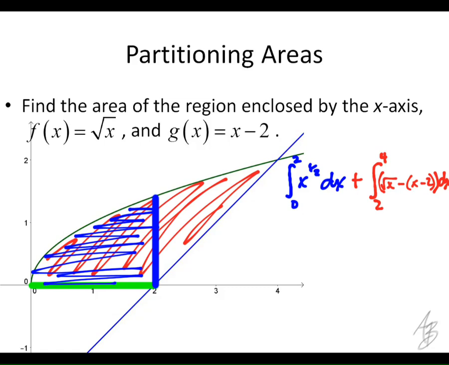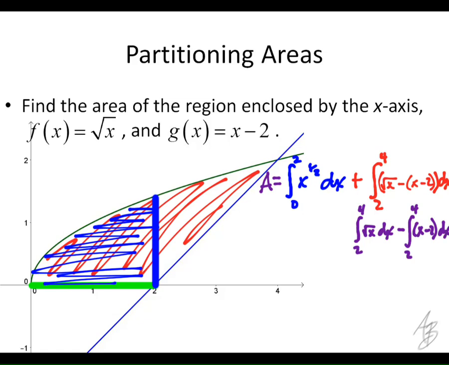And I'm going to point out a trick to you later, but you guys remember the sum and the difference rules for integrals? It basically says that we can split an integral up into different parts. So this integral right here, we could write as the integral from 2 to 4 of the square root of x minus the integral from 2 to 4 of x minus 2.